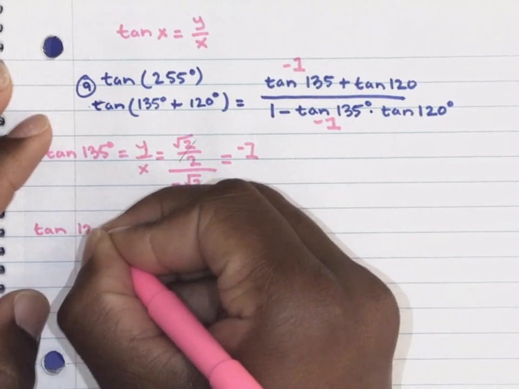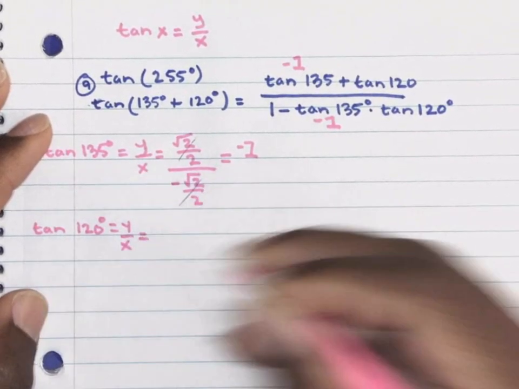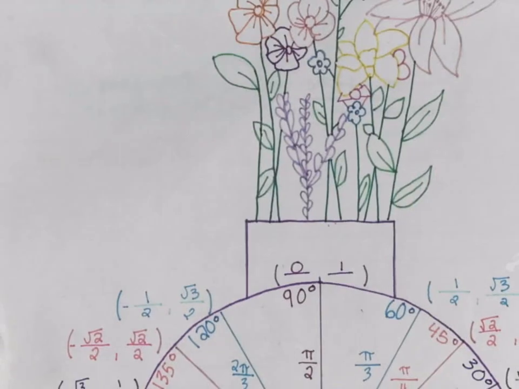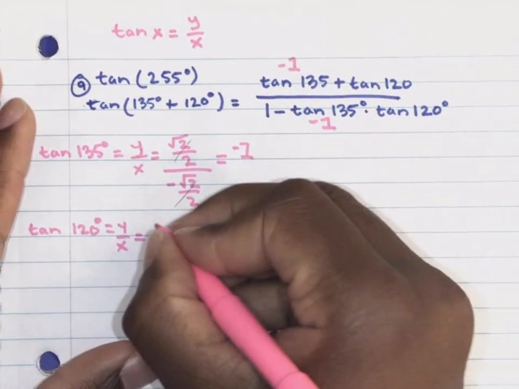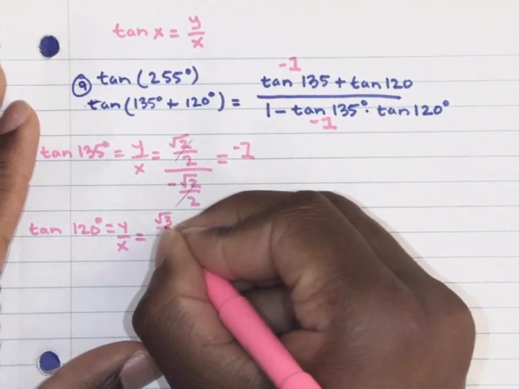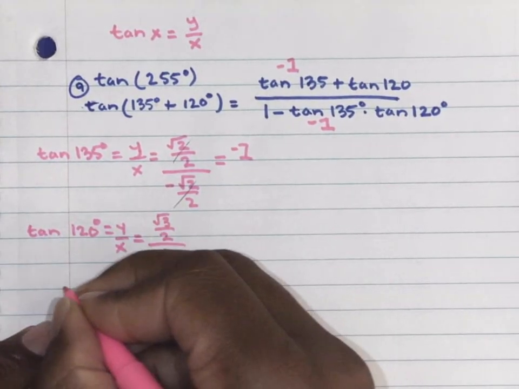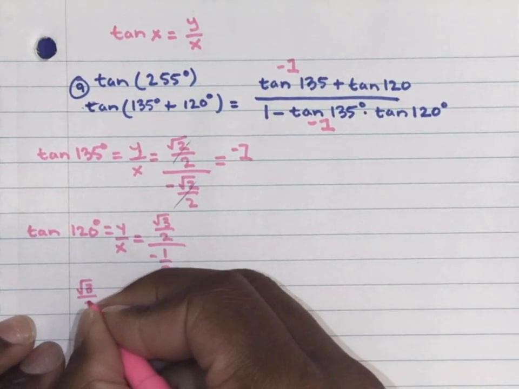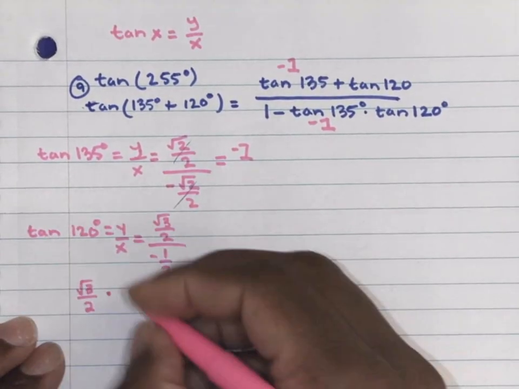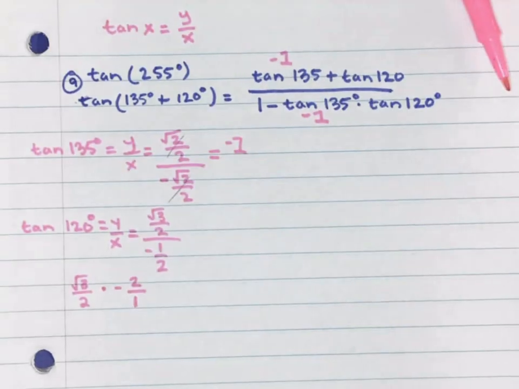So tangent of 120, again, y over x. At 120, the y coordinate is root 3 over 2. The x coordinate is negative 1/2. So I got root 3 over 2 divided by negative 1/2. For this one, I need to keep the top, change the division to multiplication, and then I'll flip the bottom to be negative 2 over 1.